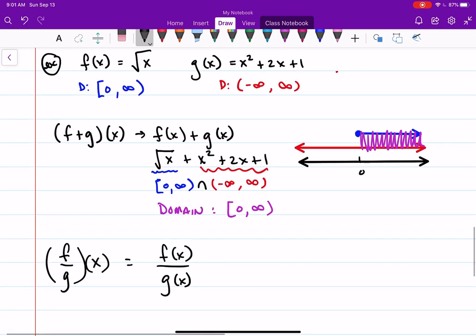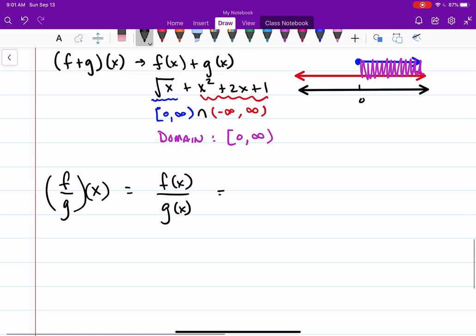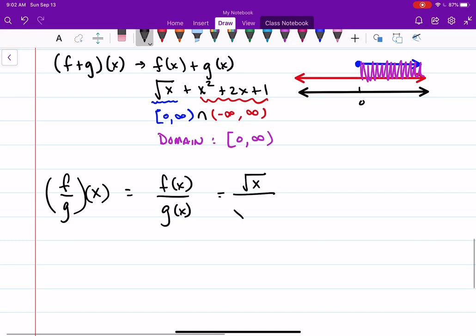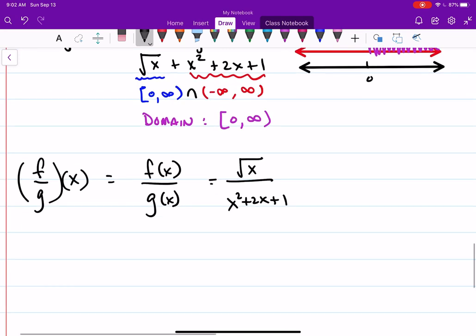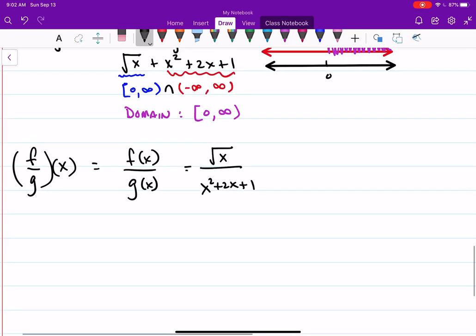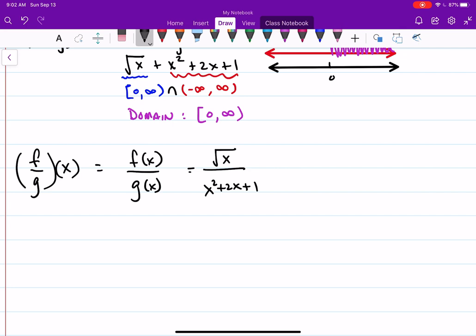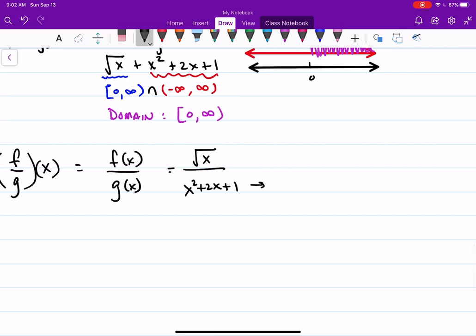So my f of x is square root of x over x squared plus 2x plus 1. Now, can I simplify this? I cannot, but I do need to find the domain, okay? Now, the good news is that I could simplify the denominator.